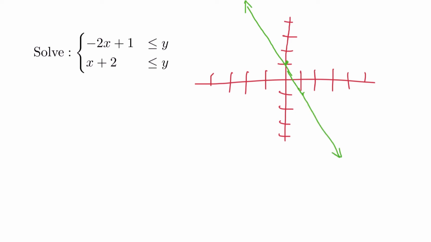Okay, so here is y equals negative 2x plus 1. And I want that to be less than or equal to y. And then I'll also plot y equals x plus 2.